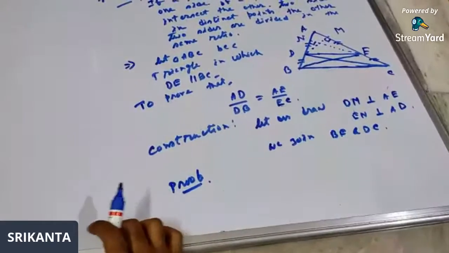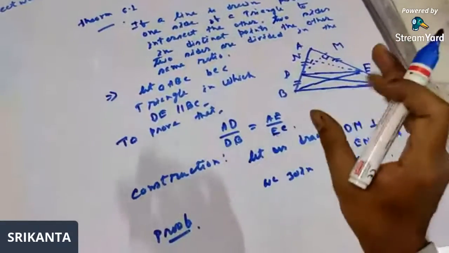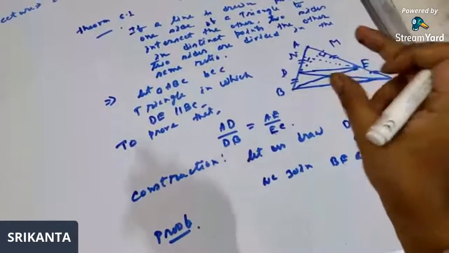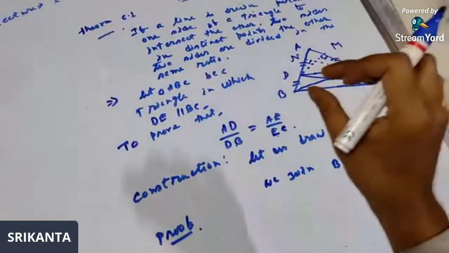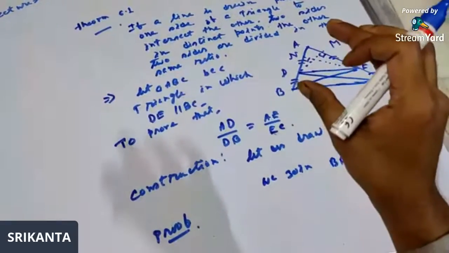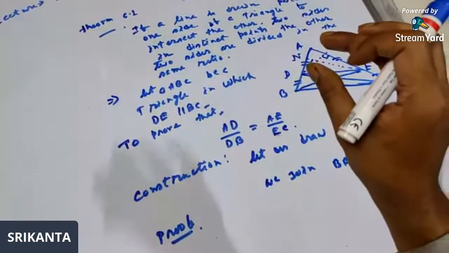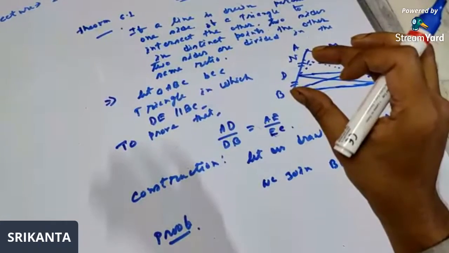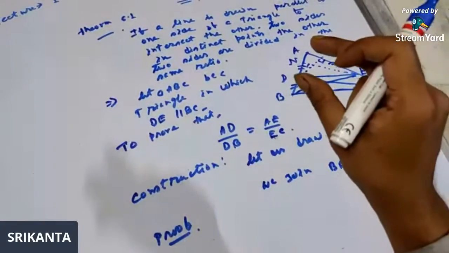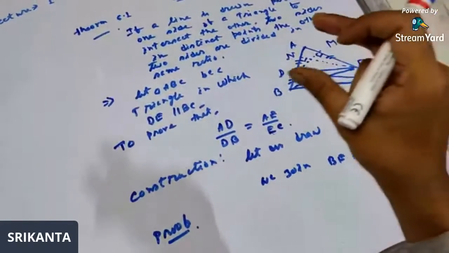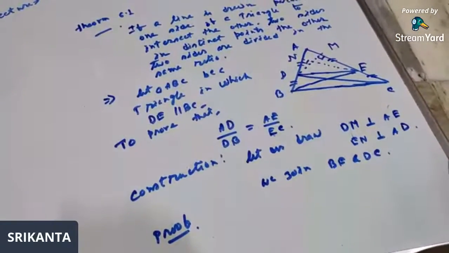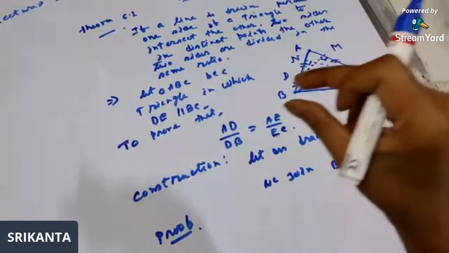How do we approach this proof? We have to take two triangles in which AD and DB are sides. Now AD is in triangle ADE, and in triangle BDE we have BD.